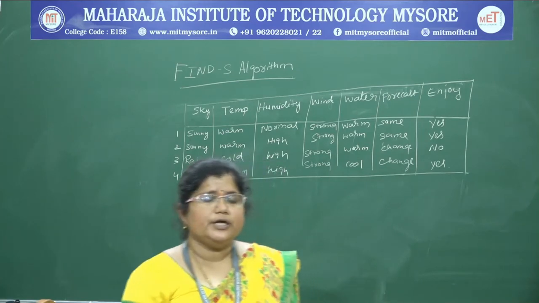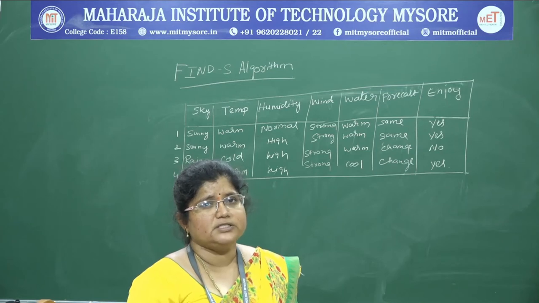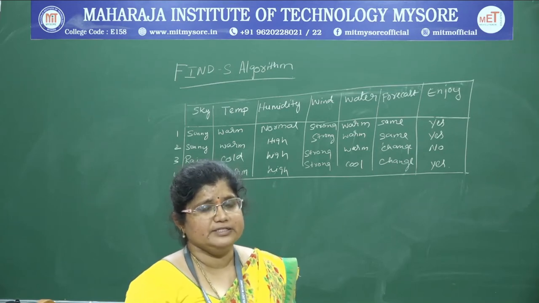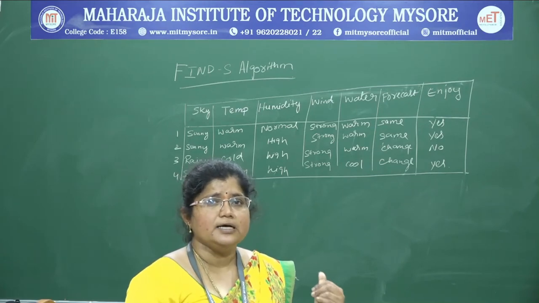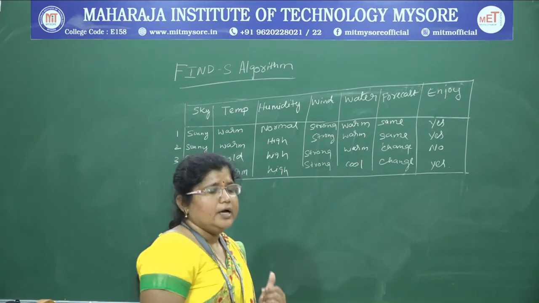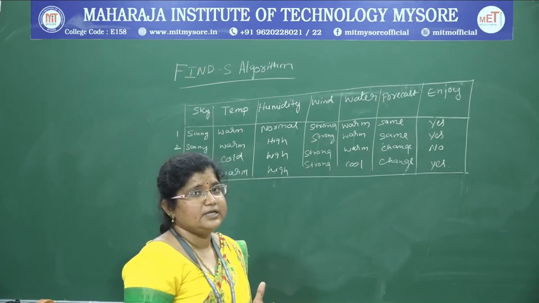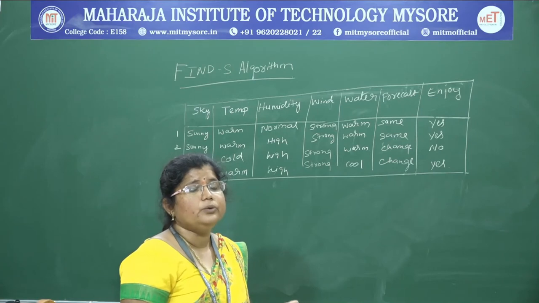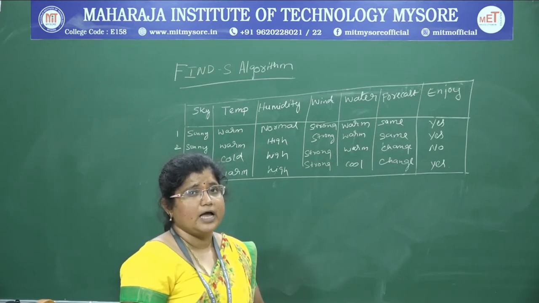Now we need to generate a hypothesis so that it can address all the positive instances or positive examples present in the data set. Let us apply the Find-S algorithm so that we can easily understand how to obtain the final hypothesis, that is the maximally specific hypothesis.